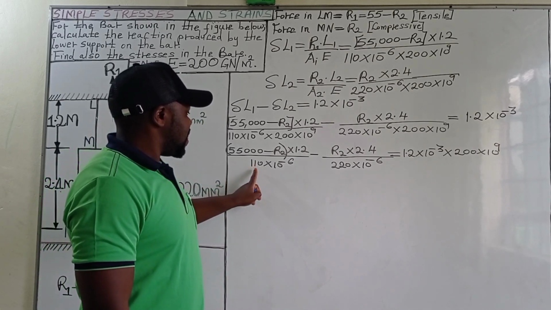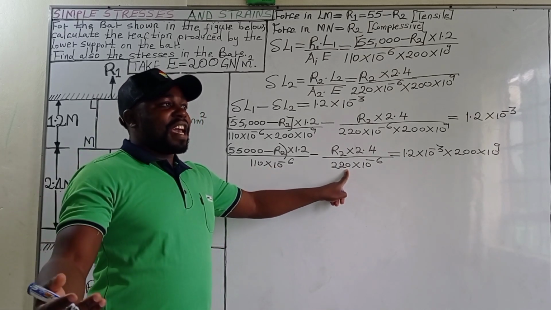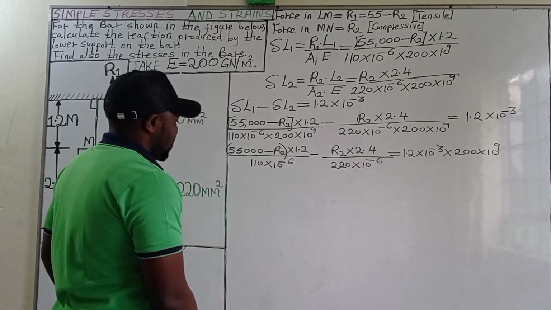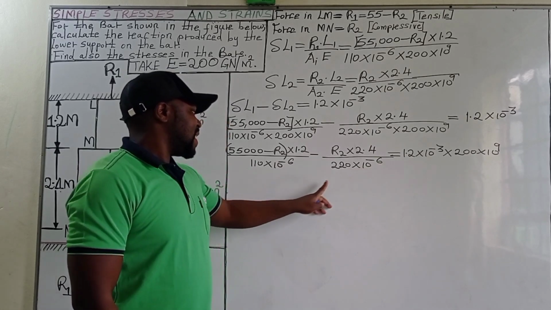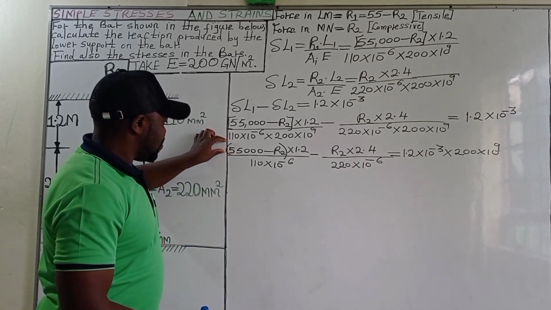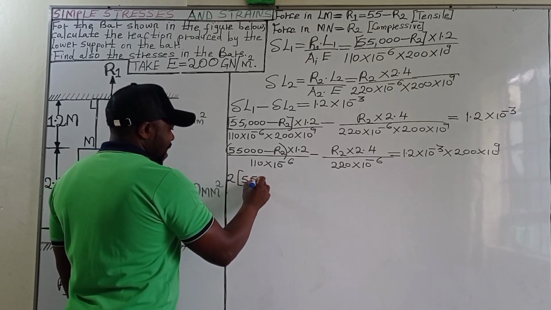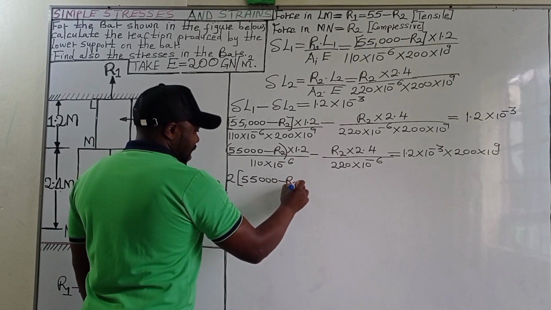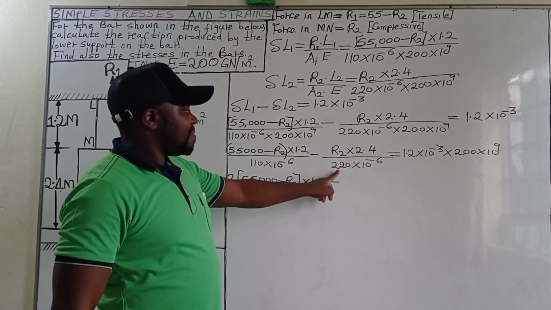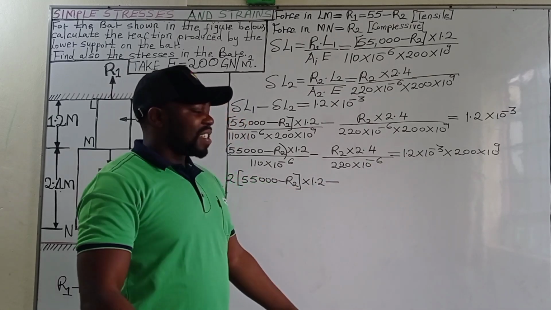Then we are going to find the LCM of these two, 110 and 220, and definitely the LCM will be 220 times 10 raised to the power of negative 6. 220 times 10 raised to the power negative 6 divided by 110 times 10 raised to the power negative 6, that is 2. So 2 times what we have on the numerator, so that will be 2 into bracket 55,000 minus R2 times 1.2, minus 220 times 10 raised to the power negative 6 divided by 220 times 10 raised to the power negative 6, that is 1.